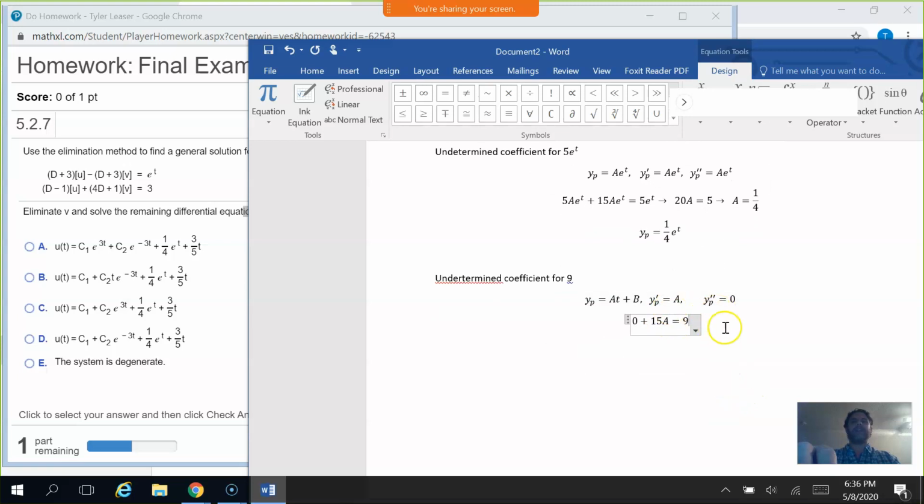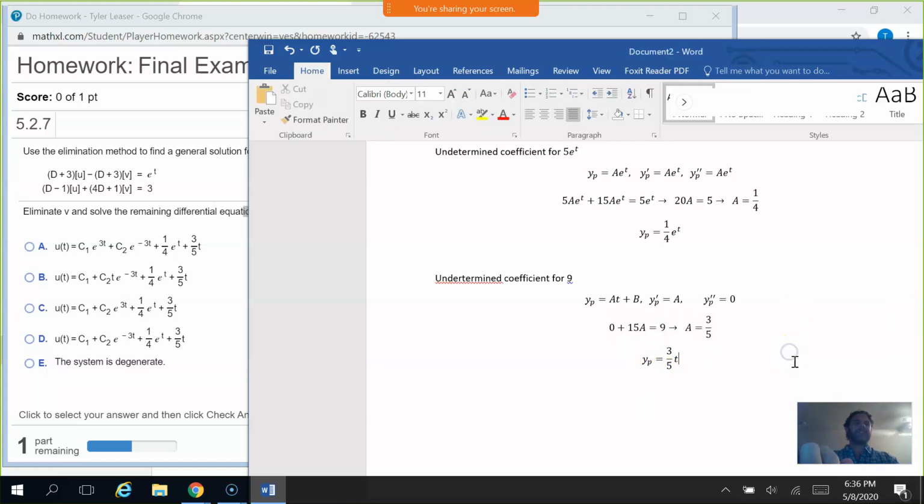Dividing that over, we get 9/15, and 9/15 is 3/5, I think. Because the b didn't show up here, I'm just going to ignore it. So we're going to let that particular solution be 3/5 t.